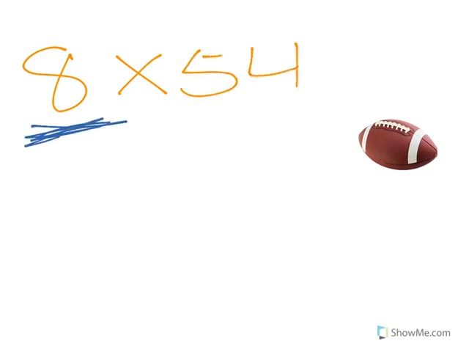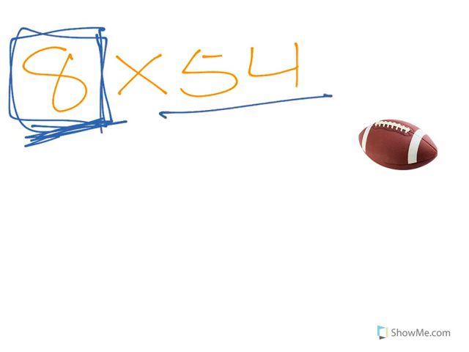For instance, if I have 8 times 54, you never, ever round this number. The single digit number here, do not round, okay? You're always going to round the bigger number. Now remember, I'm going to round it here to the largest place value.